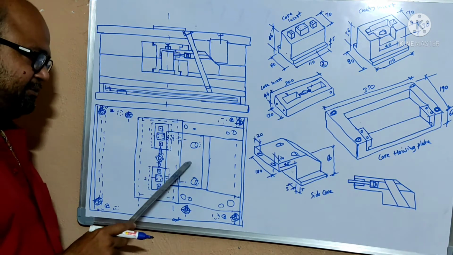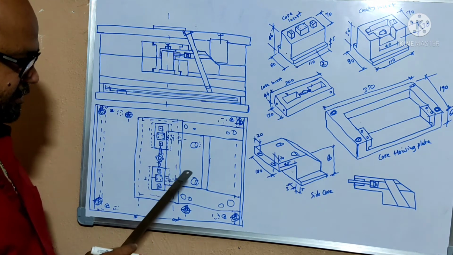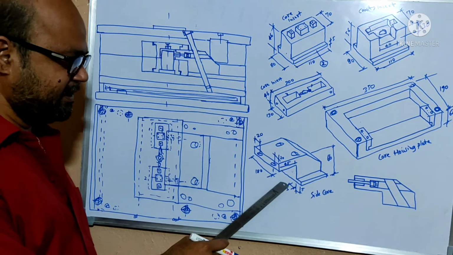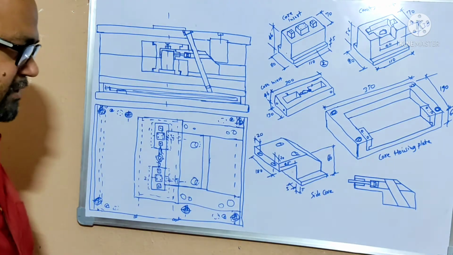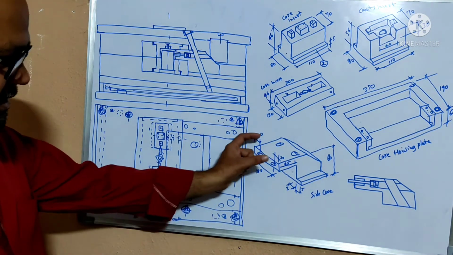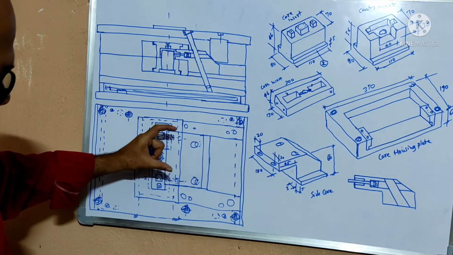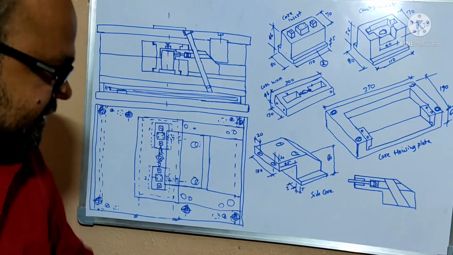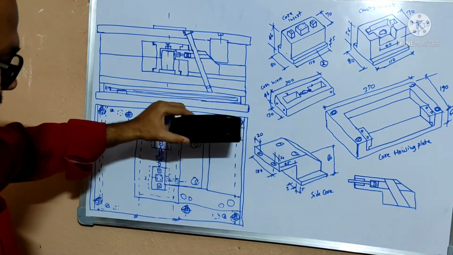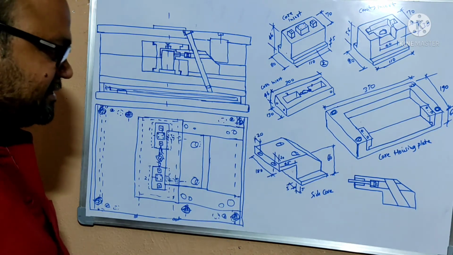Similarly, when you see this is the top view of the side core, you have to imagine the isometric view of the side core. You are seeing here isometric of the side core. When you see this one is the side core, you have to assume it like this. This is the isometric view of the side core.